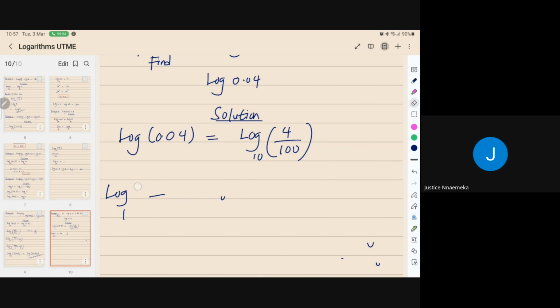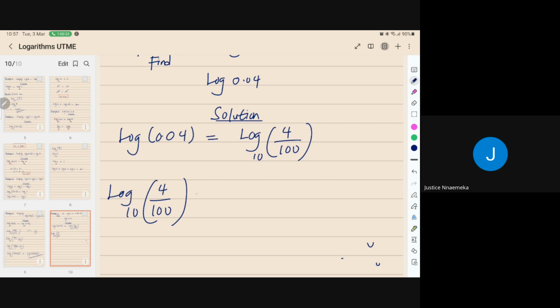Now, for your division law, if you have something like log A over B, it simply means log A minus log B. Is that also clear? Good. Log A over B means log A minus log B. Now, you are working with log 10 of 4 all over 100.